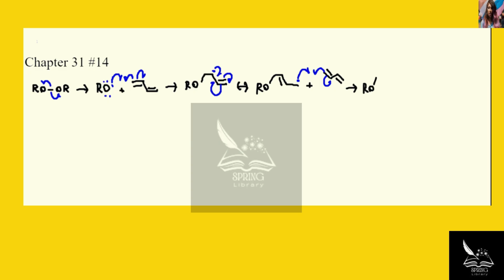And so that will get us to here, with a new bond here, a double bond there, and a radical. Let me go ahead and fix that. So the double bond is going to be here, and the radical is going to be up there.